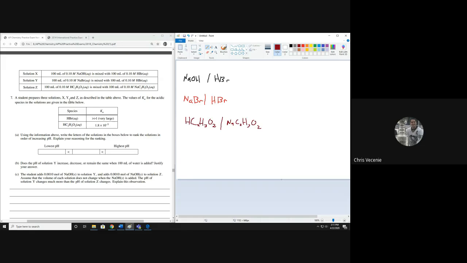It says a student prepares those solutions. They give you relevant Kas if you need them, for the HC2H3O2, and they're telling you the HBr is really large. And it says, using the information above, rank them in order of increasing pH. Explain your reasoning.